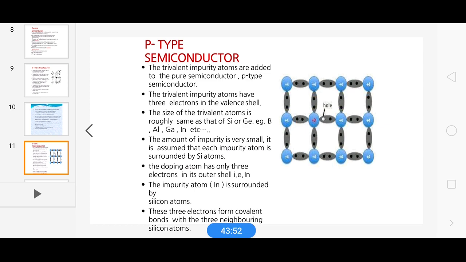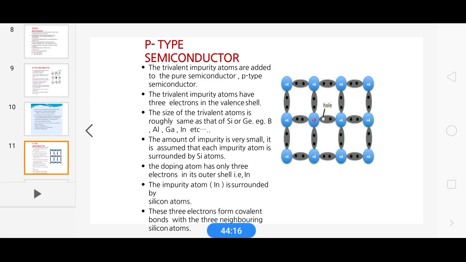and gallium. Here only 3 valence electrons are available to form covalent bonds with the neighboring silicon atoms. So the fourth covalent bond is incomplete, and this absence of an electron is called a hole.